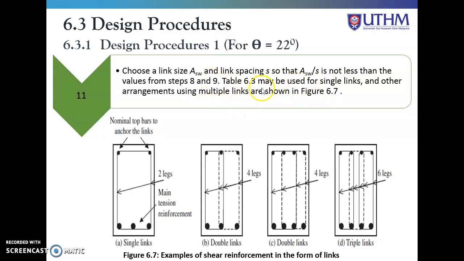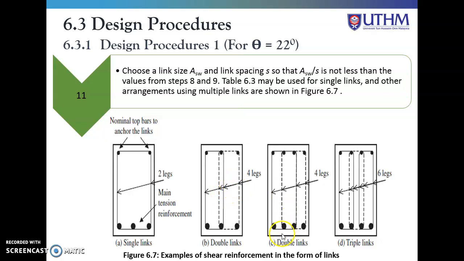Dan daripada table tu, kita boleh decide sama ada we need to use a single link or multiple links. Okay, so kalau for single link, macam ni, ada 2 leg. Double link, maksudnya ada 2 link, so we will have a 4 leg, 1, 2, 3, 4.